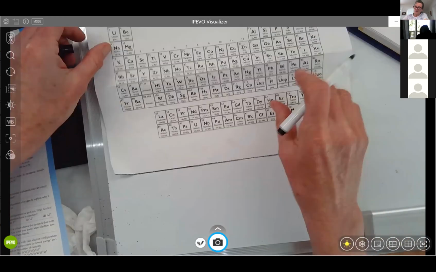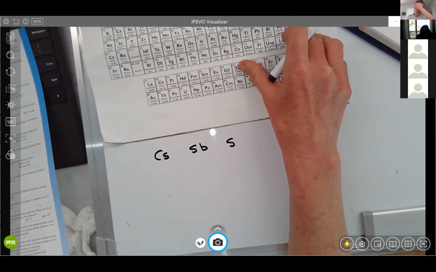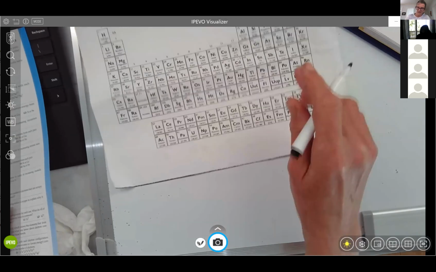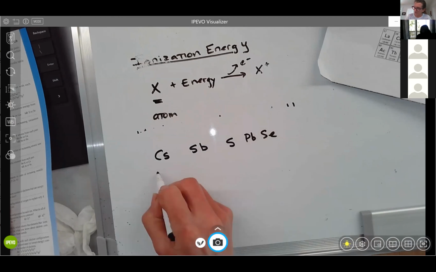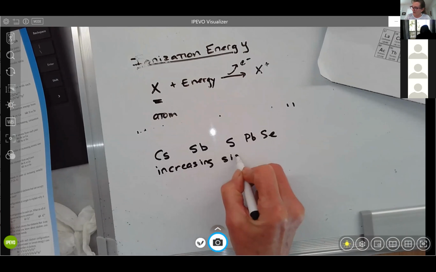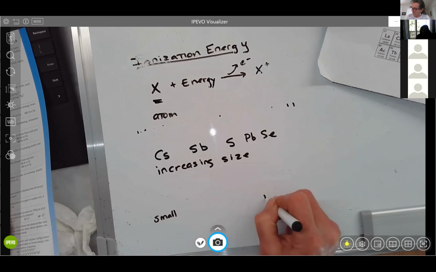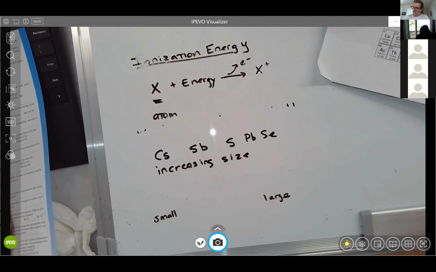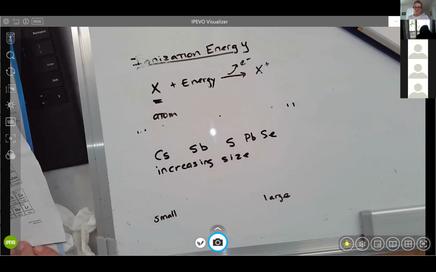So it says increasing order and increasing size. Make sure that you understand that if you're putting it in order of increasing size, you put the small one on the left and the large one on the right. So among these, I think Cs is going to be the largest.